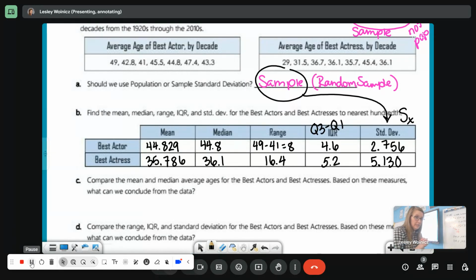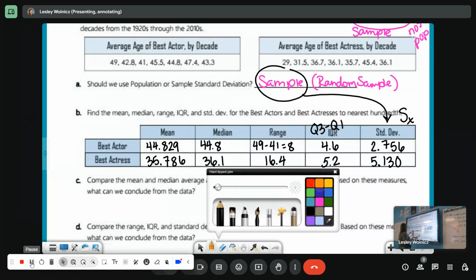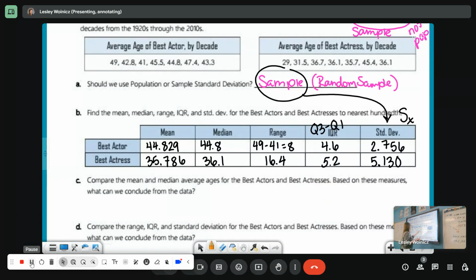Now, in this table, we have two different types of data. The mean and the median, and if we had the mode, we would include the mode. But these are measures of center. They're telling us what the middle of the data is doing.